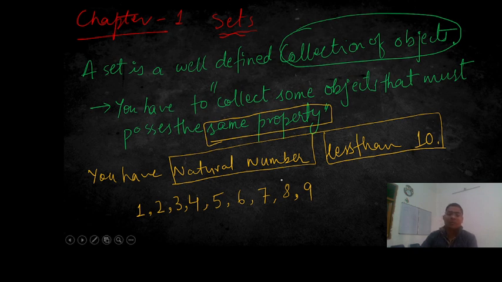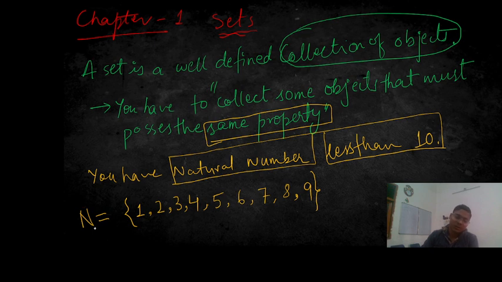You just can't display numbers and say it is a set. For it to be a set, you must enclose it within a bracket, within parentheses, and name it by some alphabetic name, by giving it a name.